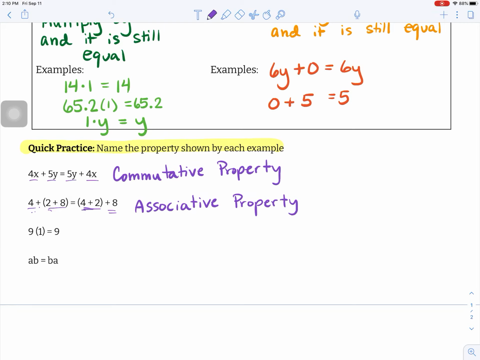Okay. And I see something here, 9 is sitting right next to these parentheses, and the parentheses has a 1 inside. That means this is saying 9 times 1, and sure enough, that's still equal to 9, so that's got to be the multiplicative identity.